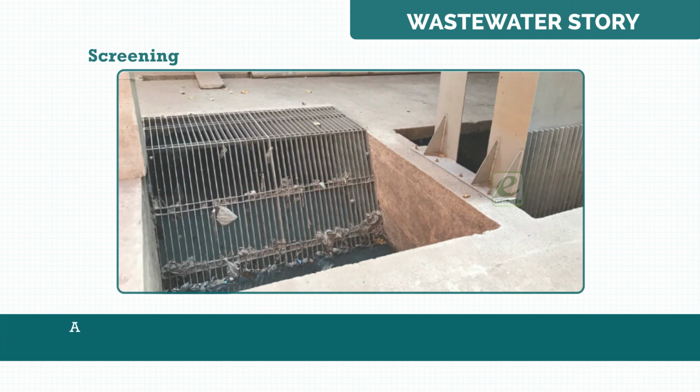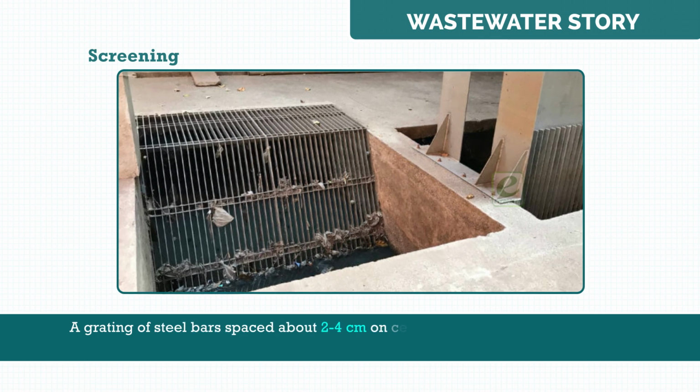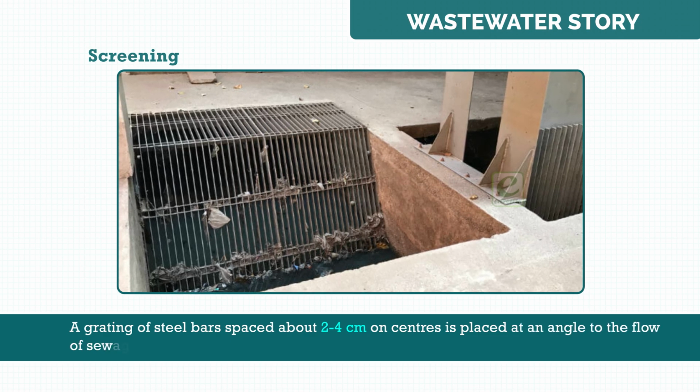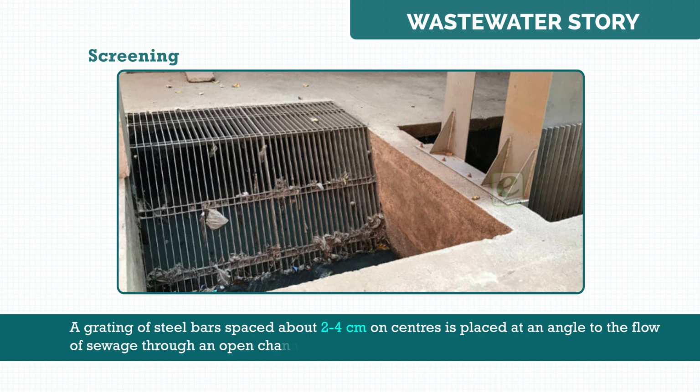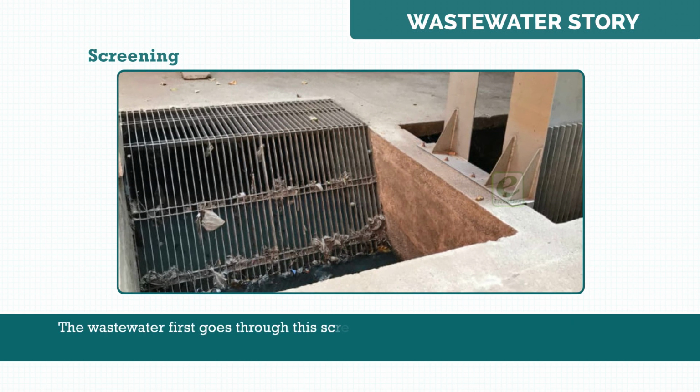Screening. A grating of steel bars spaced about 2 to 4 centimeters on centers is placed at an angle to the flow of sewage through an open channel. The wastewater first goes through the screen.